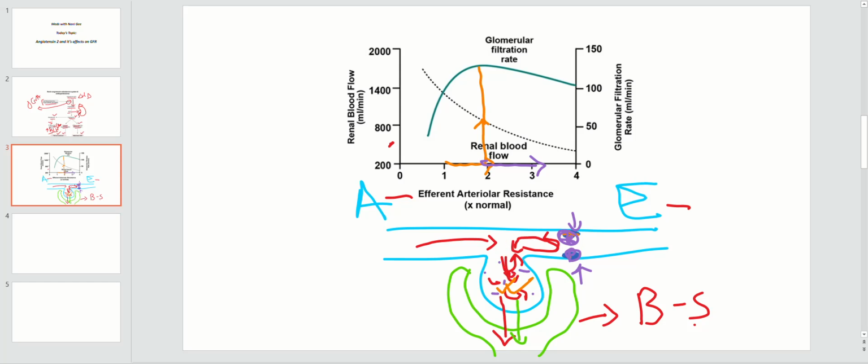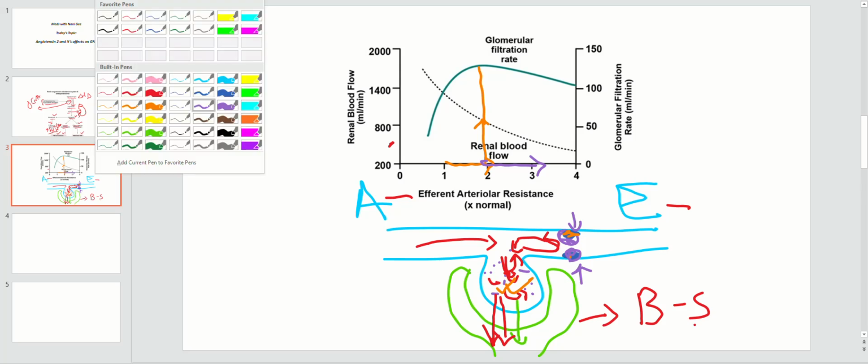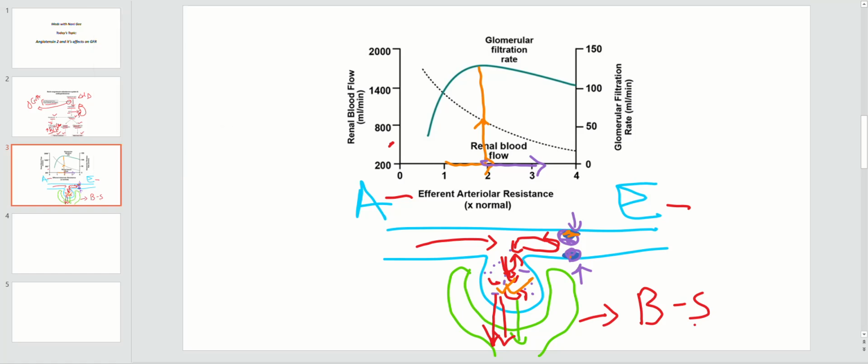But while all this process is happening, you are removing the water from the glomerulus into the Bowman space, but in the same way you are leaving the protein behind over here. So as you know, when proteins increase, they cause increased oncotic pressure, right? So what will this oncotic pressure do?